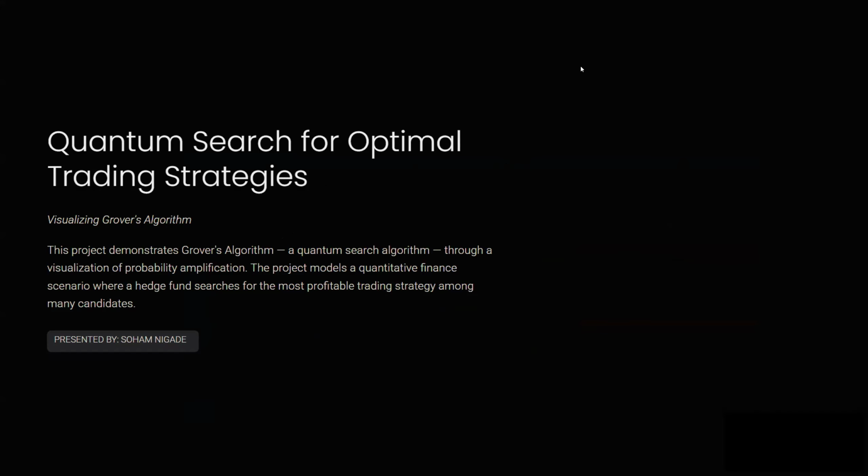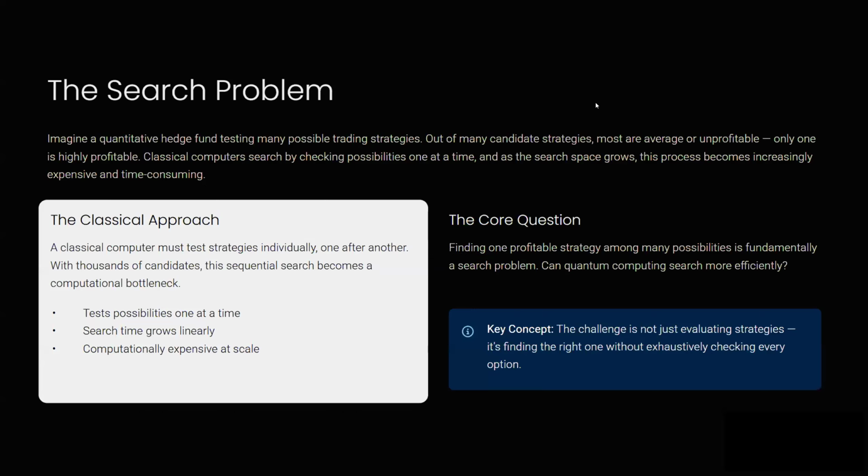They usually choose the trading strategy with the highest Sharpe ratio, which is a financial term that tracks the risk versus return of the strategy. So this project uses Grover search to find the best strategy, given that all the Sharpe ratios are given. The search problem is that the classical approach tests individually.